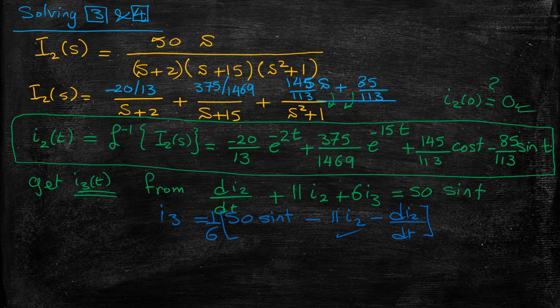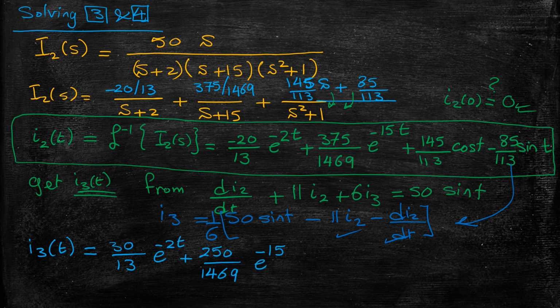We have I2, so we can just get the derivative from the formula we already got here, and then we can end up with I3 of t, which will finally be equal to 30 over 13 e to the power minus 2t plus 250 over 1469 e to the power minus 15t minus 280 over 113 cosine t plus 810 over 113 sine t.